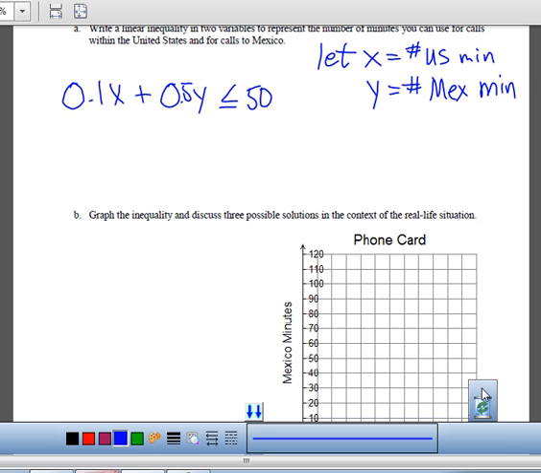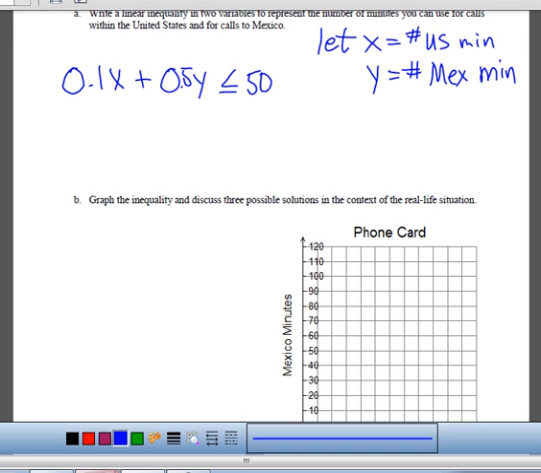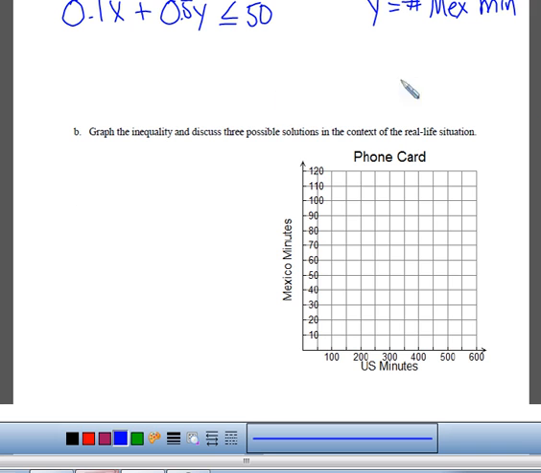Now this time when I graph it, I'm going to do something a little different. Instead of converting it to y equals mx plus b, I'm going to split my workspace in half, and I'm going to find when x equals 0 and when y equals 0. So when x equals 0, 0 times 0.1 is 0.